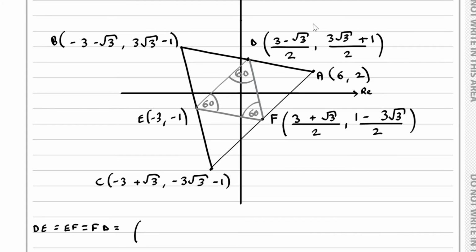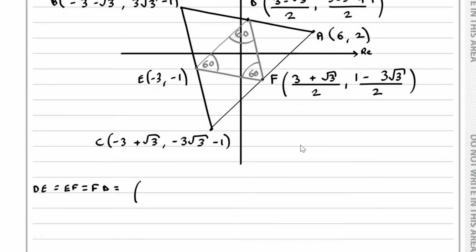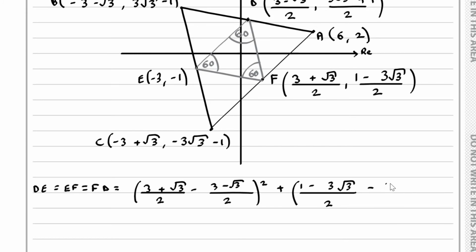So if we consider these coordinates here, we have 3 plus root 3 over 2 minus 3 minus root 3 over 2, squared, plus, in terms of the other coordinates, 1 minus 3 root 3 over 2 minus 3 root 3 plus 1 over 2. Okay, and then we square root this.